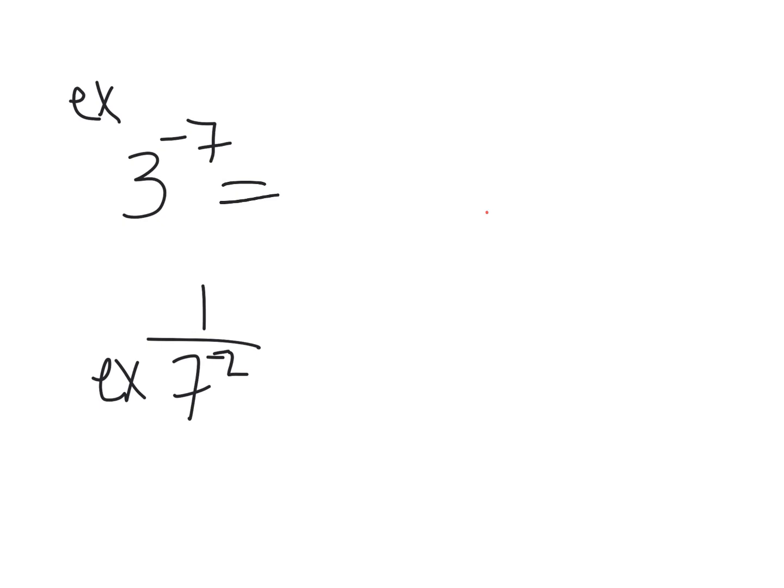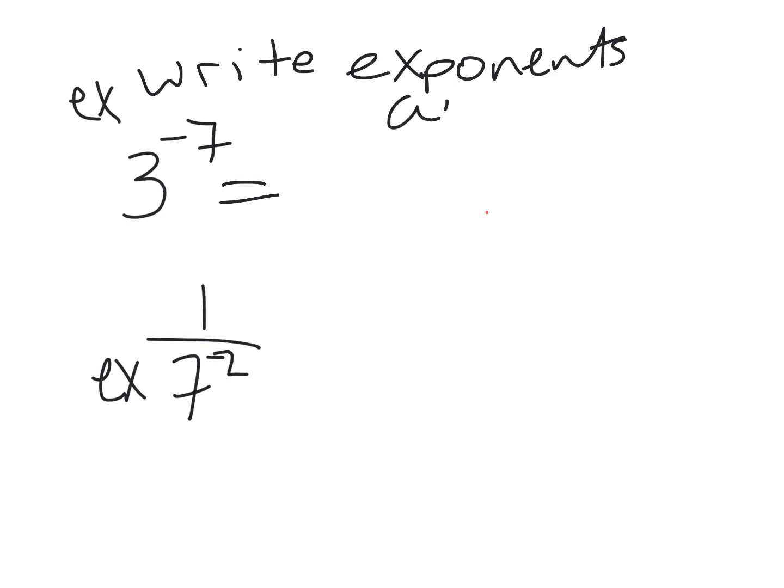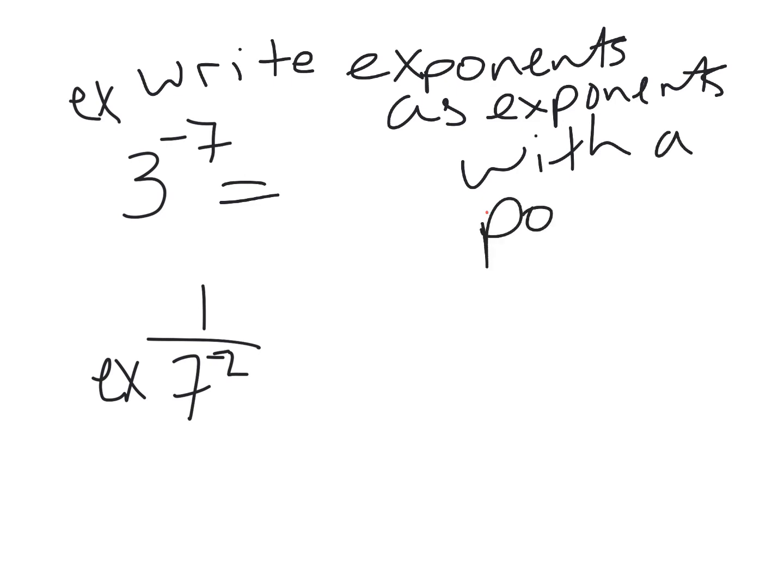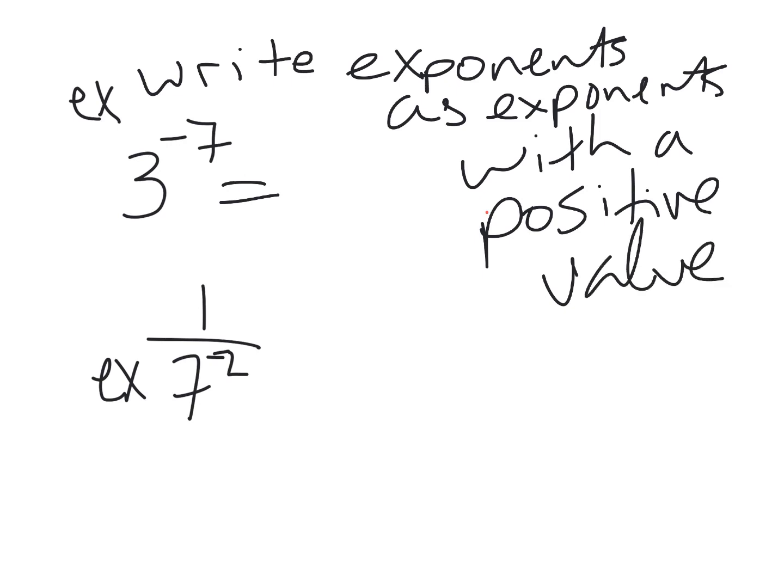And let's say you were asked to write these as exponents with a positive value. If I ask you to rewrite these as an exponent with a positive value, you can see right here, our exponent has a negative value.